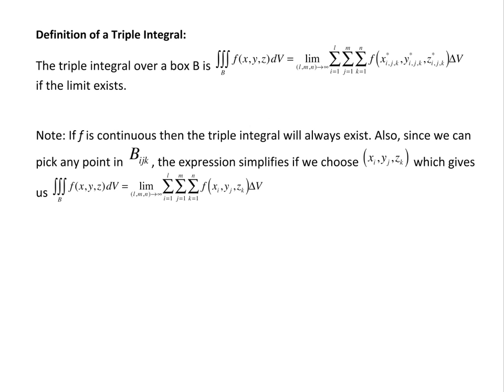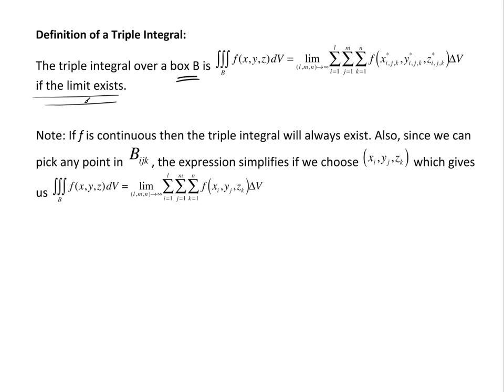That definition says that the triple integral over a box B of f of x, y, z dV equals the limit as l, m, n go to infinity of that triple sum that we just worked with, of course, if the limit exists.